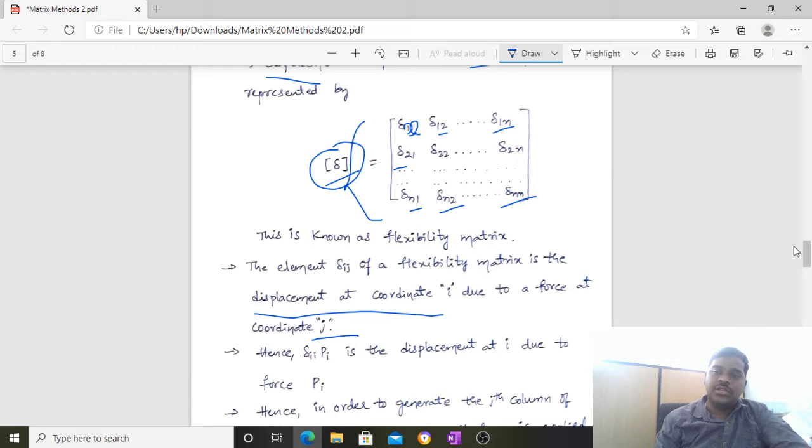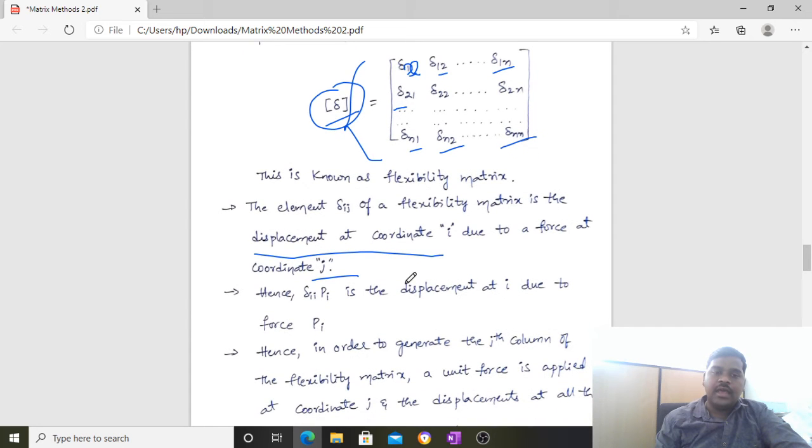This is understood while solving the problem. Hence delta i into Pi is the displacement i due to the force Pi. So the multiplication of the displacement and Pi gives the displacement at i due to the force Pi.